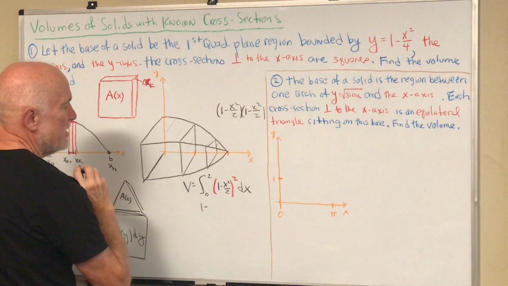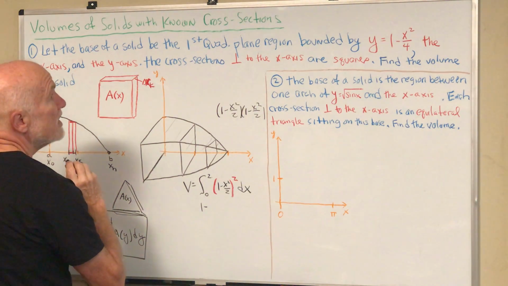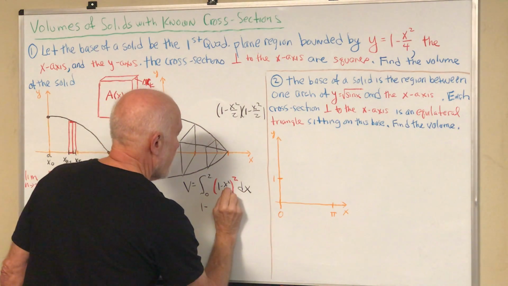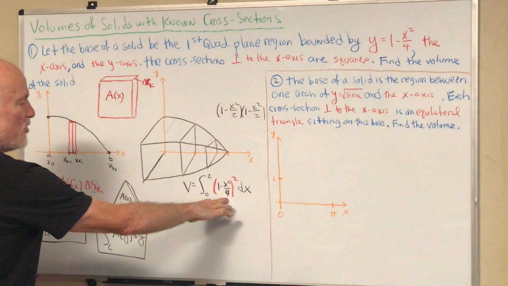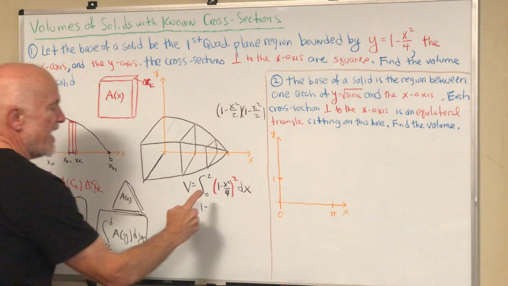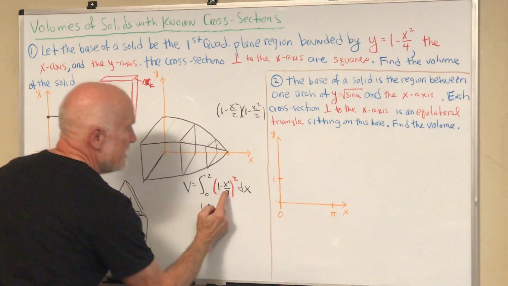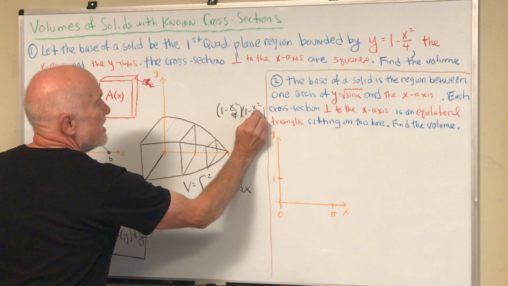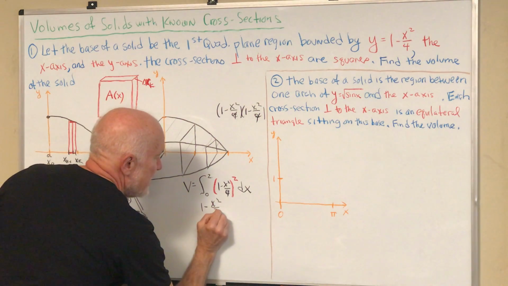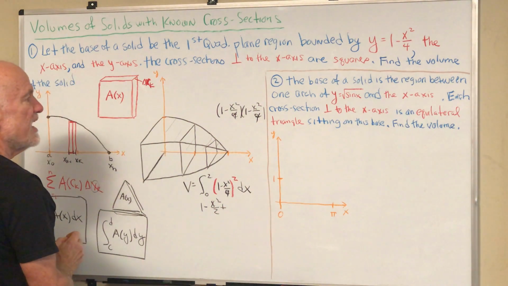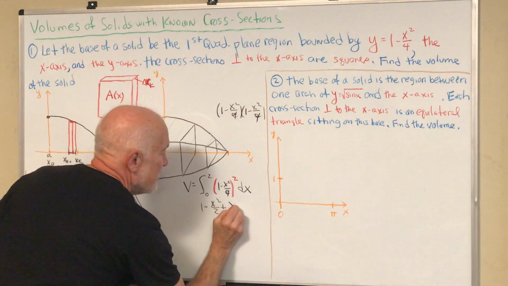Oh, I'm sorry, it's x squared over 4 that we've got up here. So it's 1 minus x squared over 4 squared. So you have 1 times 1 is 1, and then you'll have minus x squared over 2 and plus x to the 4th over 16.